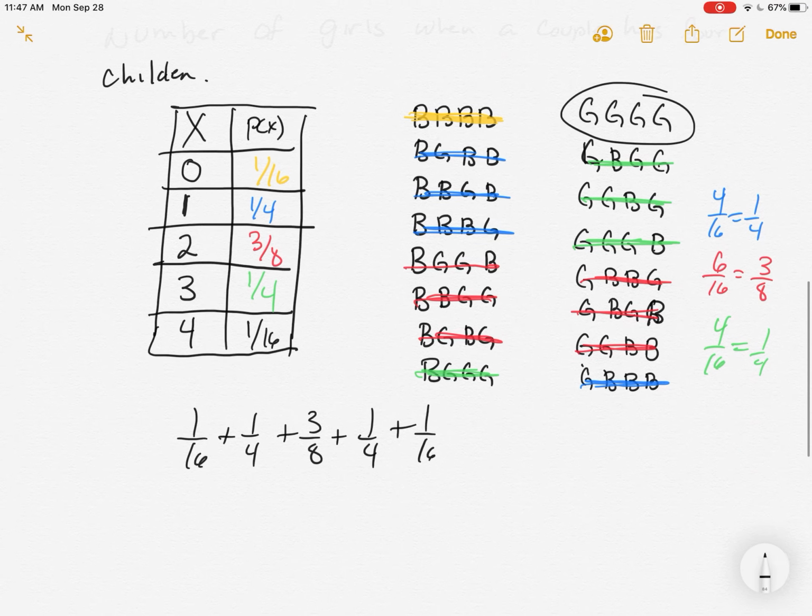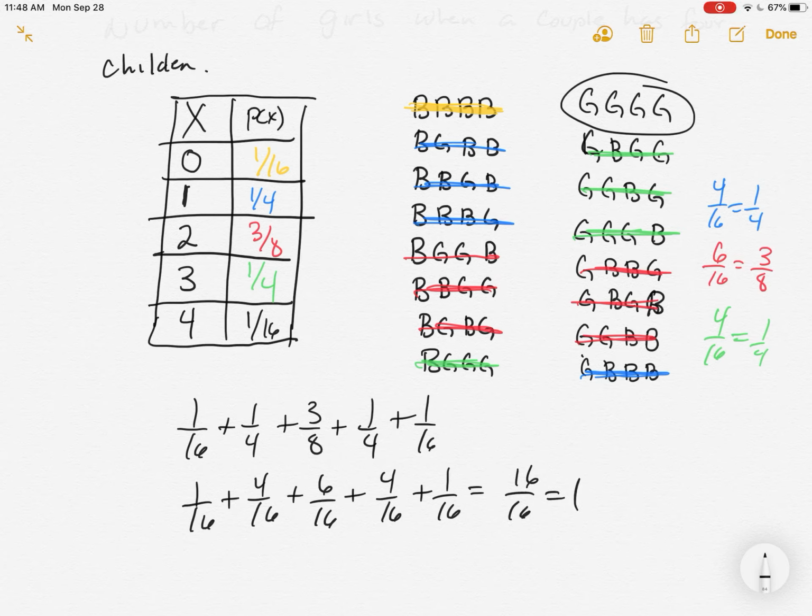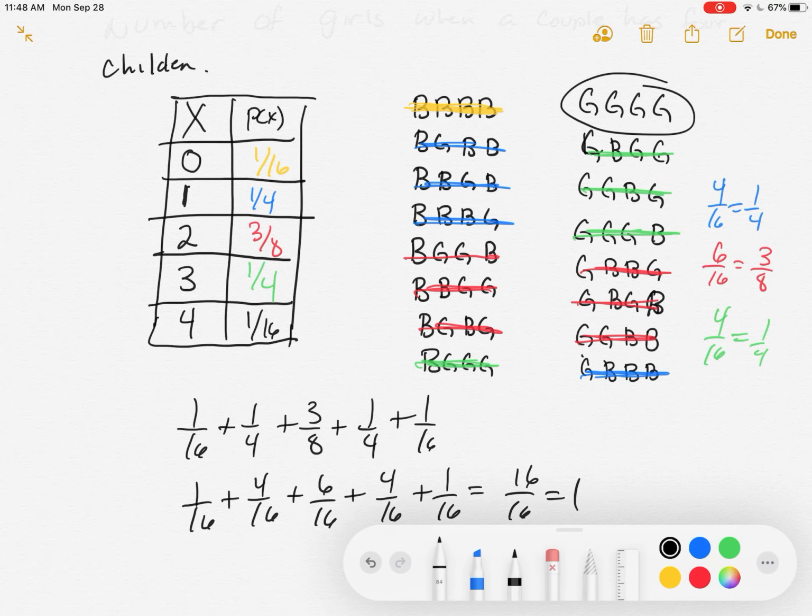Now you can quickly say, well, it's 1 because you did it, but let's make sure we did it right. 1/16 plus 4/16 plus 6/16 plus another 4/16 plus 1/16. And we have 5, 11, 15, or 16/16. We're not shocked that that equals 1. So whenever you add up the probabilities, you should always get 1 when you're given a probability distribution.